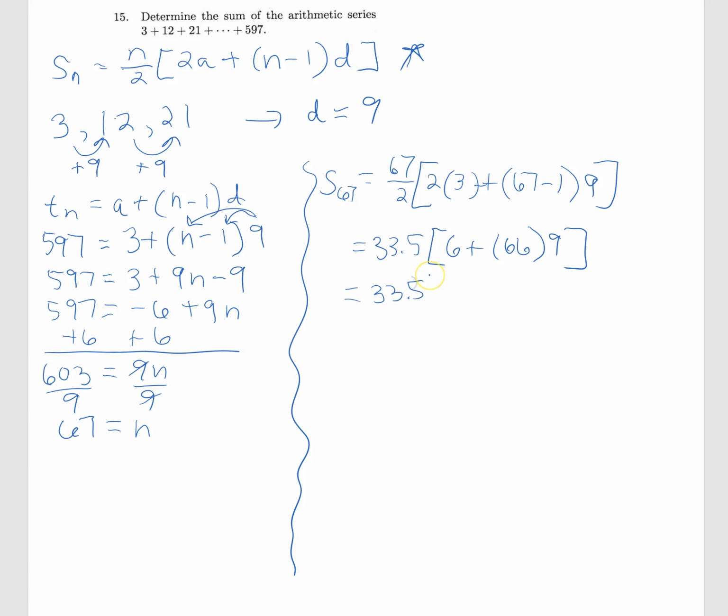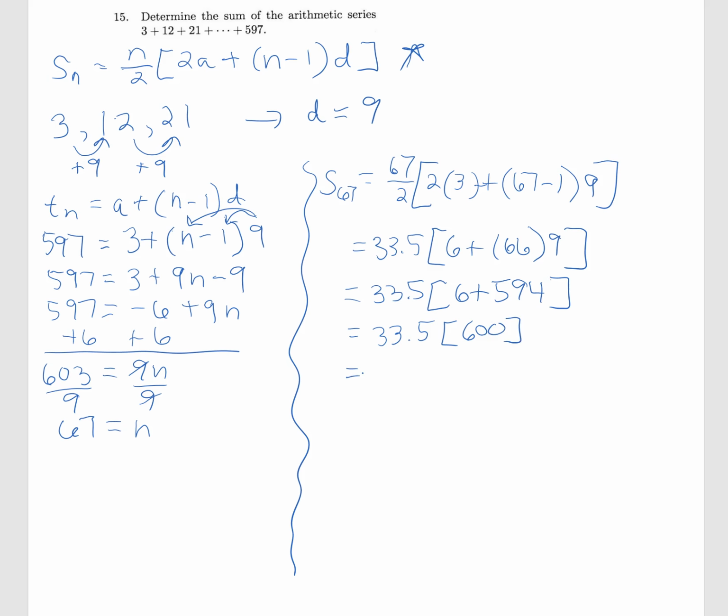It's 33.5 times 6 plus 66 times 9, which is 594, and 6 plus 594 is 600.